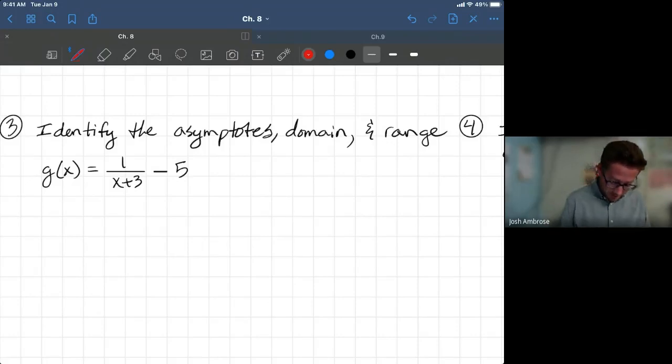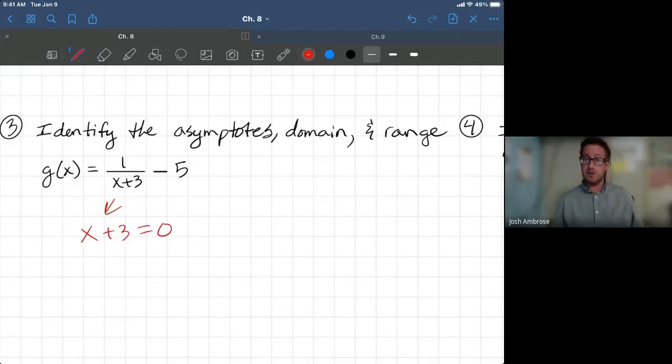Okay, well, it's a similar idea where we're going to take x plus 3, but set it equal to 0, solve for x, and in this case, that's going to be x equals -3. Okay, that is actually going to be our horizontal asymptote. Okay, so the horizontal asymptote in this case is going to be x equals -3.